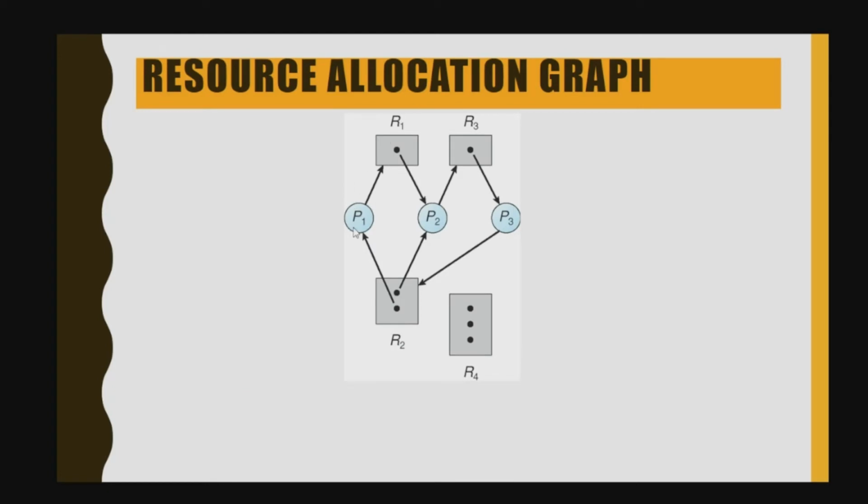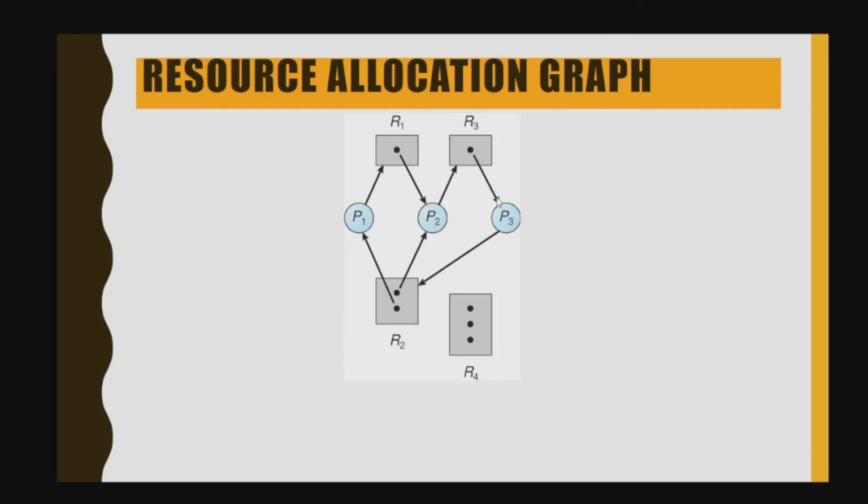So P1 requests R1. R1 is assigned to P2. P2 requests R3. R3 is assigned to P3. P3 requests R2. R2 is assigned to P2 and P1.